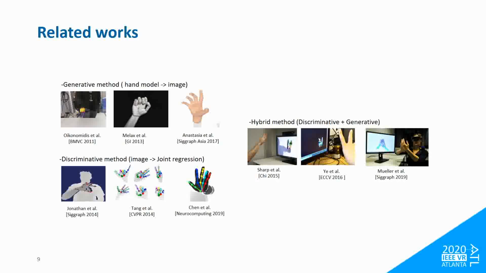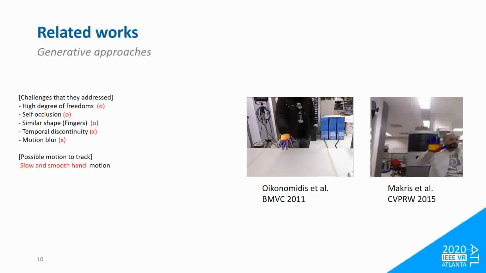There are many related works on hand tracking algorithms. According to the existing categories of hand pose estimation, we also categorize the methods into generative, discriminative and hybrid methods. Our viewpoint is twofold. The first is temporal discontinuity, and the second is motion blur. Generative approaches estimate hand pose parameters from a rendered hand model.